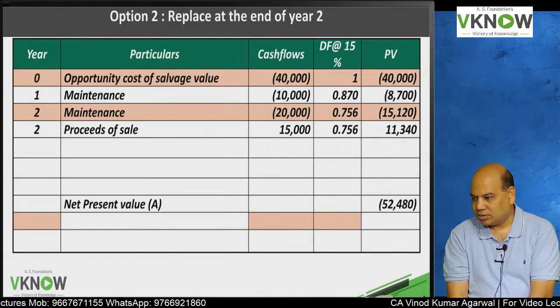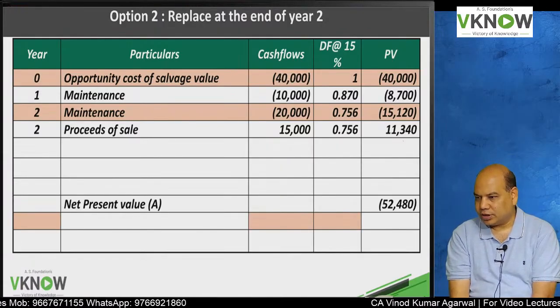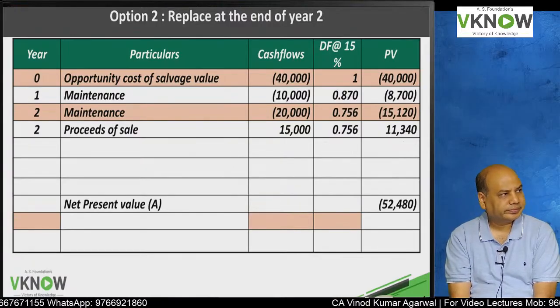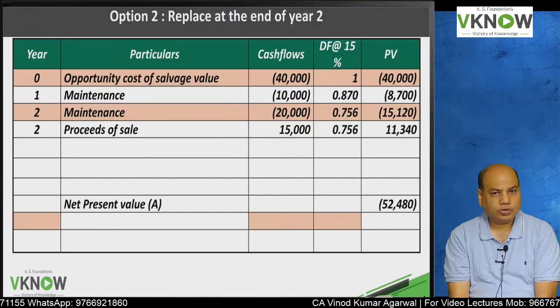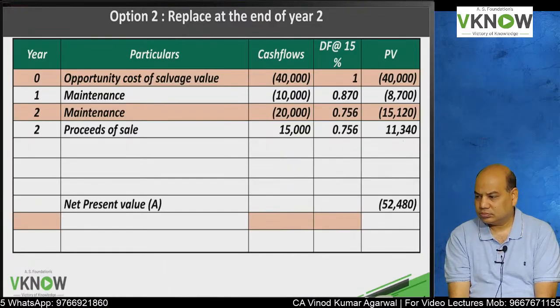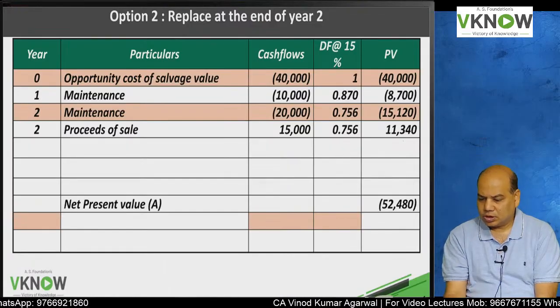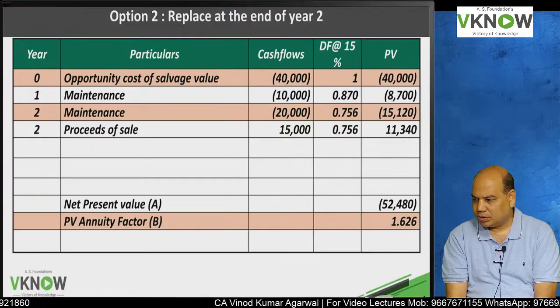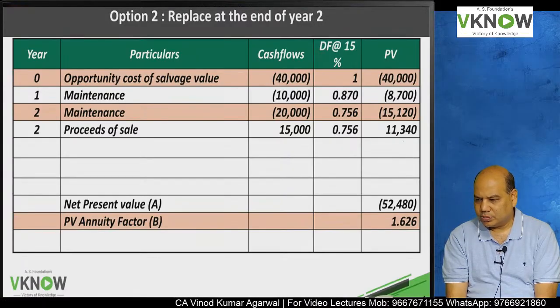Please take the total, 52,480. Then you write down PV annuity factor 1.626.